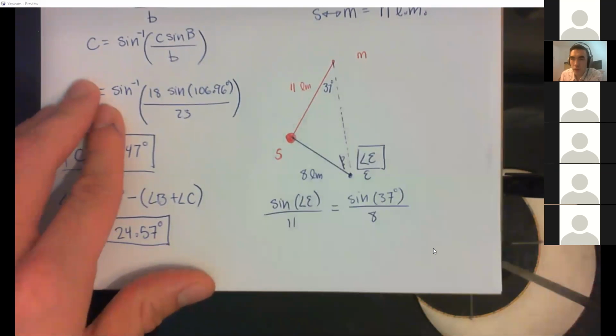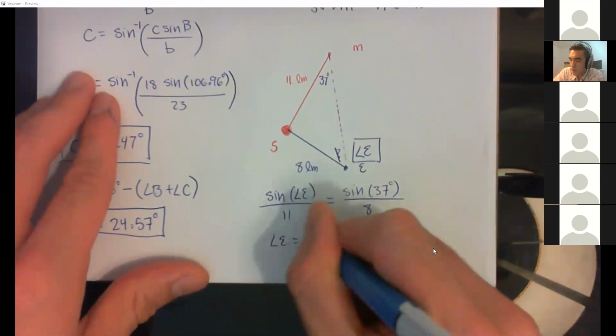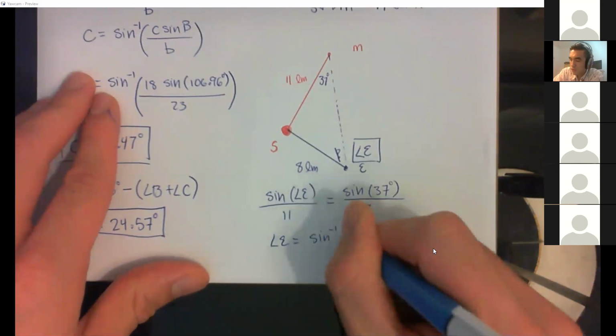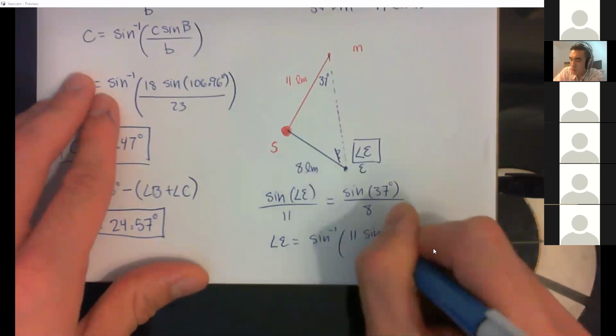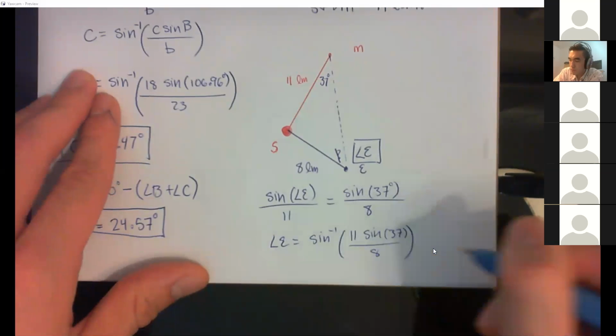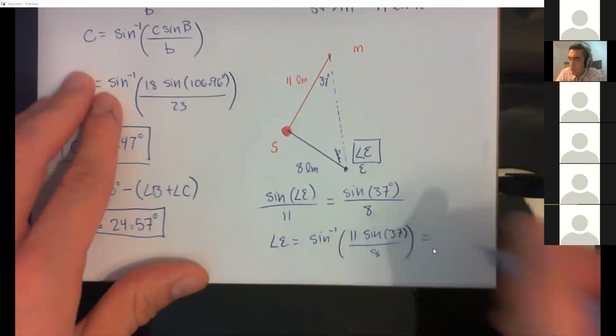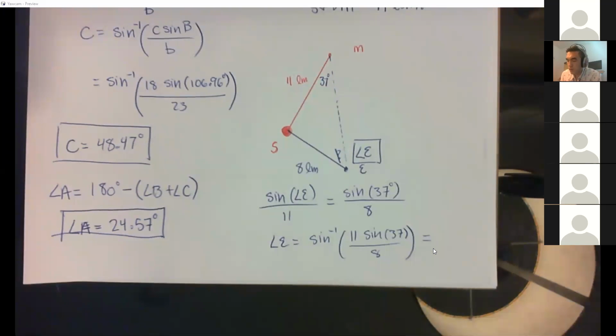And so we'll solve for angle E quickly in one step. Angle E has to be equal to inverse sine of 11 sine 37, then divided by 8. It's the same manipulation as the last question, I just did it in one step. And then again, we can enter this into our calculator and get our final answer.